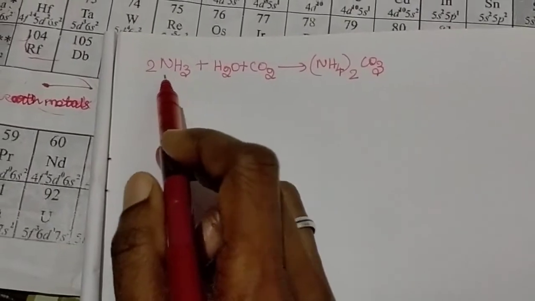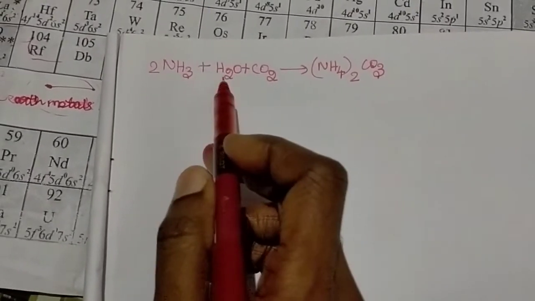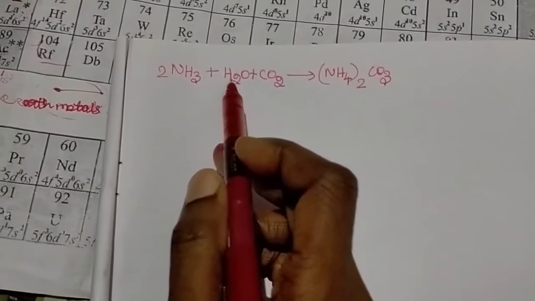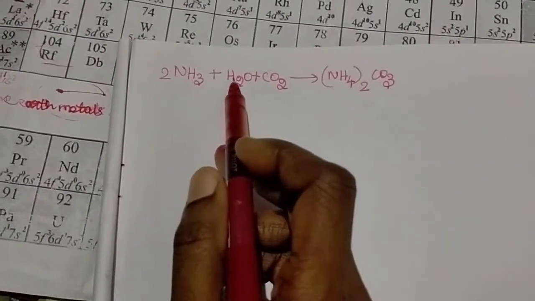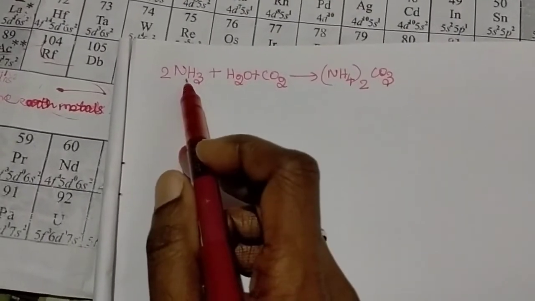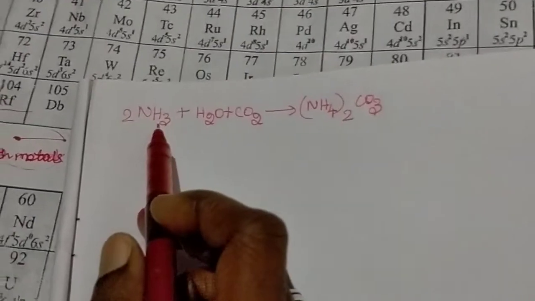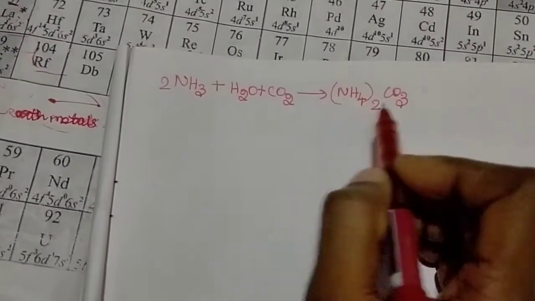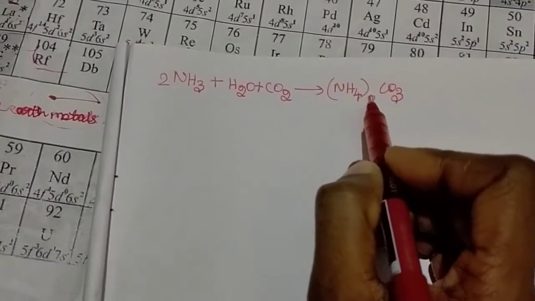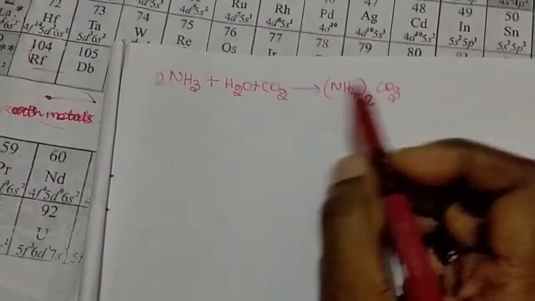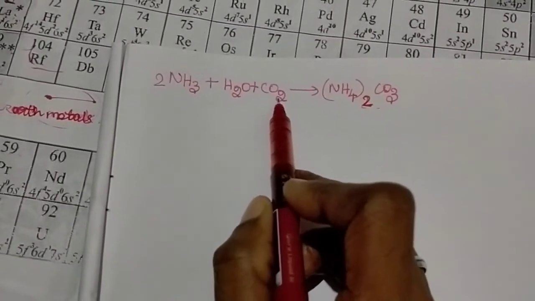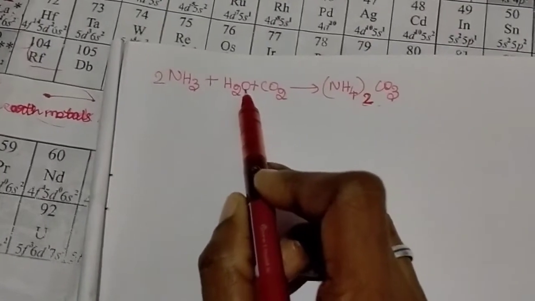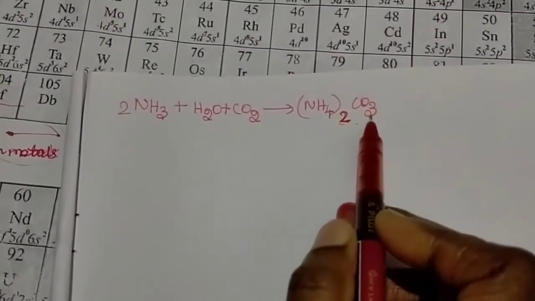Now this NH3, here you have 2 hydrogen. Combining these 2 hydrogen with the ammonia, it becomes ammonium NH4. How many times? NH4 twice, so we put here 2. Then the remaining CO2 combined with this O becomes CO3.